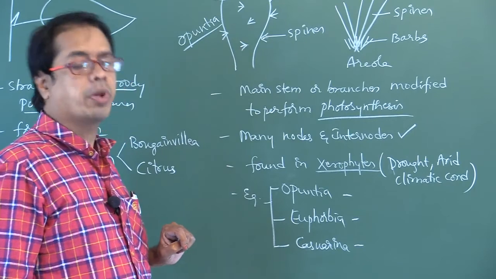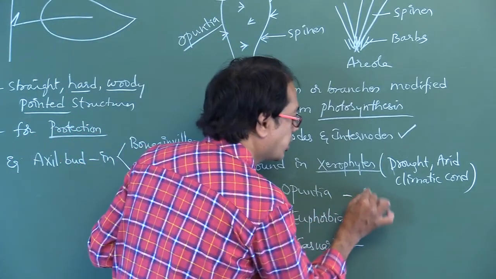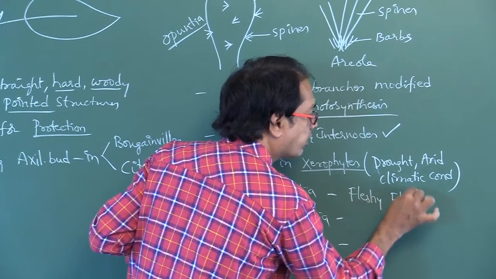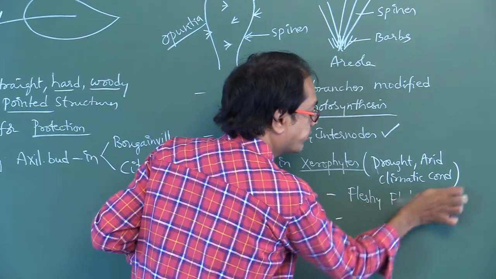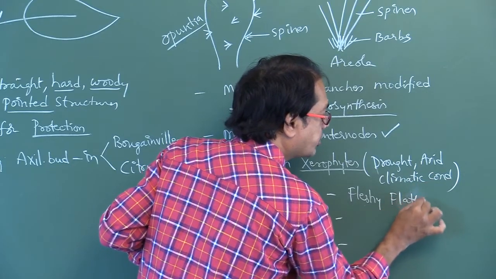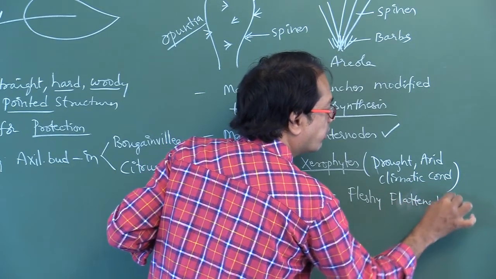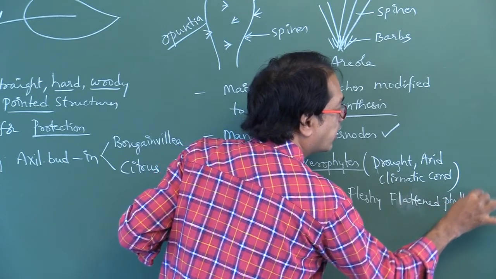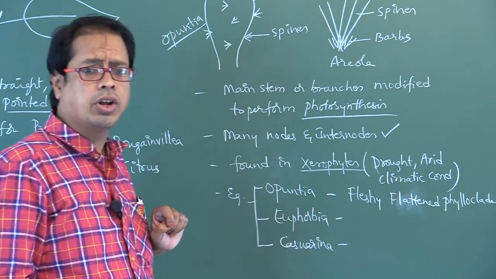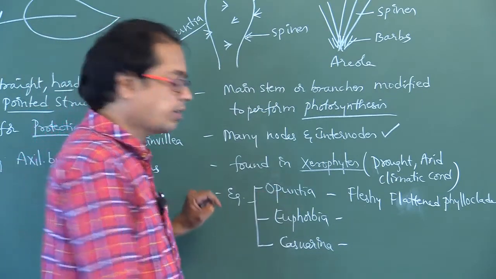What type of shape of phylloclades? In Opuntia, fleshy, flattened phylloclades. Fleshy flattened phylloclades found in Opuntia.